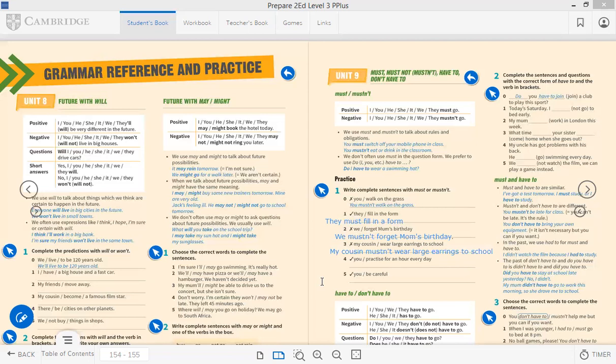Yes, exactly. Not permitted. Mustn't wear large earrings to school. You know that in school it is not permitted. At home, in the street, in other places, well, you have permission, exactly. But in school, no.